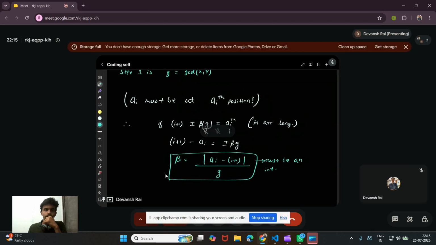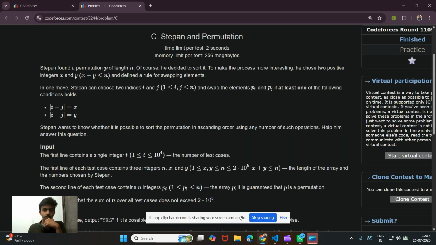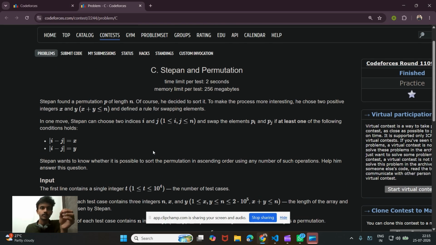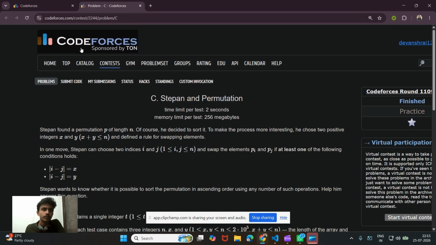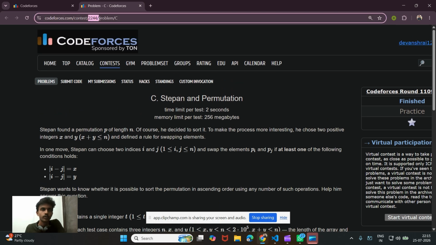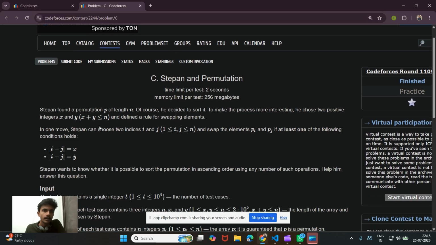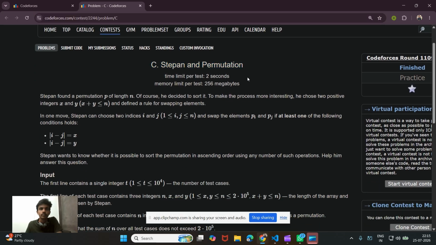Okay, so let me first tell you guys what this question is all about. This question is 2244C, and the name is Stepan and Permutation. Stepan found a permutation P of length n, and of course he decided to sort it.